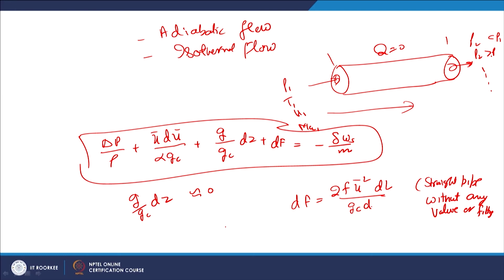So, this is again purely an assumption that if no mechanical leakage is present, then delta Ws is also equal to 0.